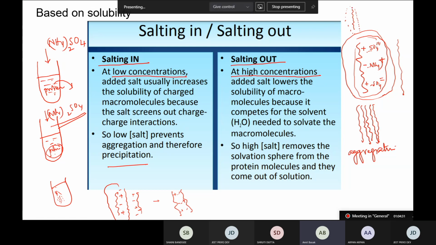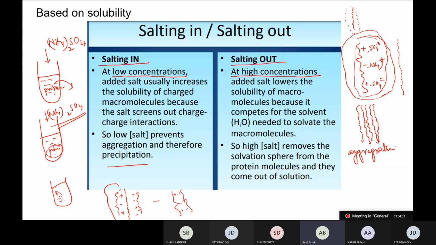If you have a hydration layer on a protein surface, another protein will also have a hydration layer. So now there will be less interaction between these two. So that means there will be less aggregation. Okay. Now when you are adding solid ammonium sulfate, as you increase the concentration, what will happen?